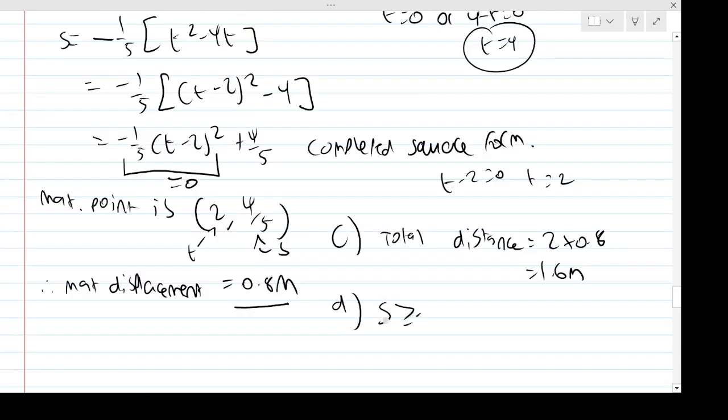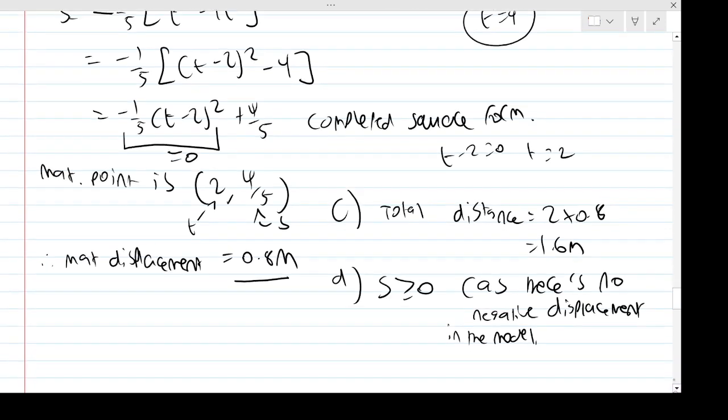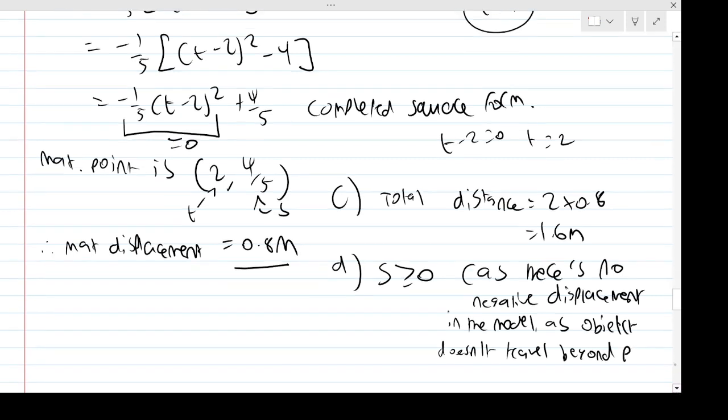So s must be positive, as there's no negative displacement in the model. I'm going to say as the object doesn't travel beyond P backwards. So it doesn't go in the backwards direction, away from P, so it's not negative.